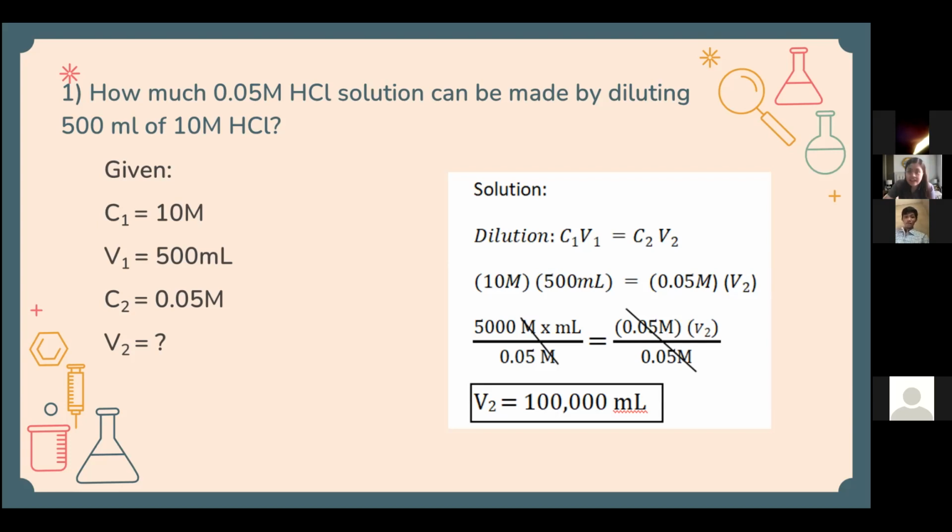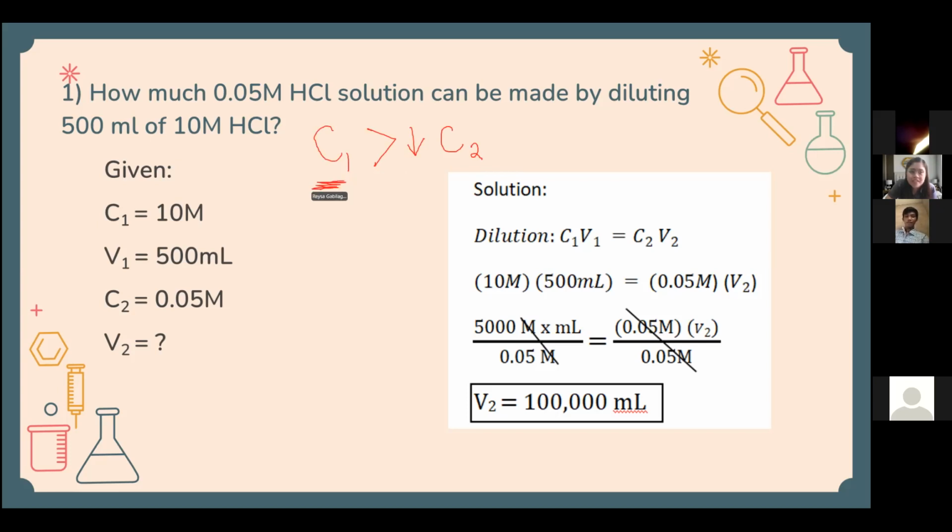Now, if you are confused about which one is C1 and which is C2, you just have to understand, class, that when we say dilution, C2 always has a lesser concentration compared to C1. C1 has the larger concentration.